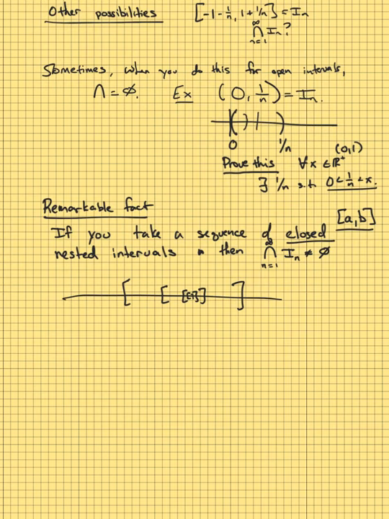This turns out to be, as I said, something that's not true for open intervals, and also not true for the rationals. Okay, and we'll see that soon. This is called the nested interval property of R.